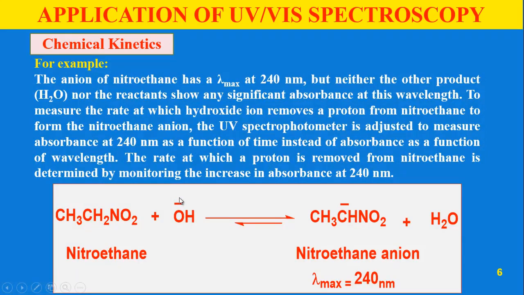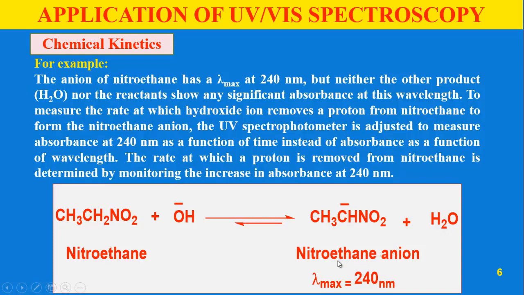Let's take an example. Here the anion of nitroethane absorbs at 240 nanometer and none of the other species like water, hydroxyl and nitroethane absorb in this region. So when this base abstracts the proton from nitroethane, nitroethane anion is formed.